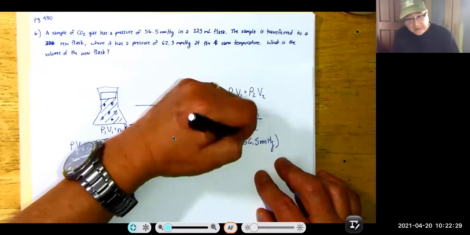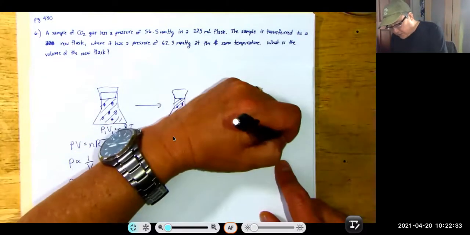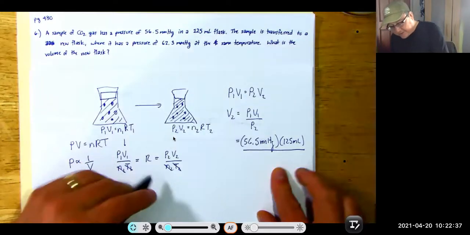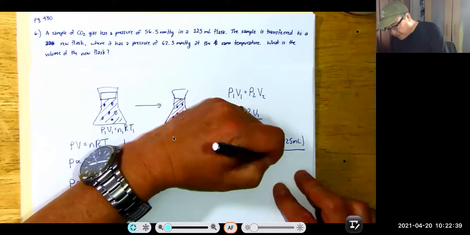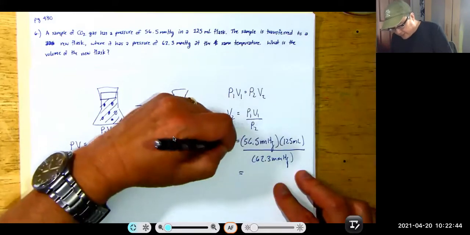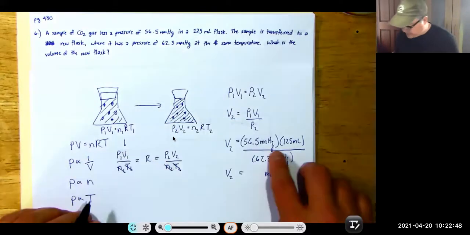Notice the units are in the problem. V1 is 125 milliliters, and P2 is 62.3 millimeters of mercury. Here it is obvious that our answer will end up being milliliters because the millimeters of mercury cancel.